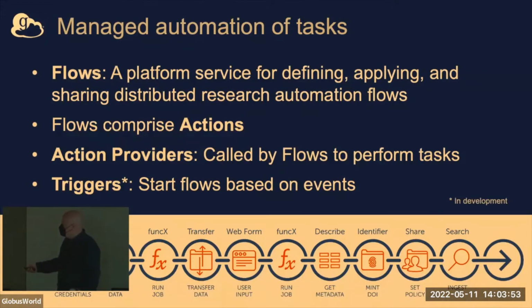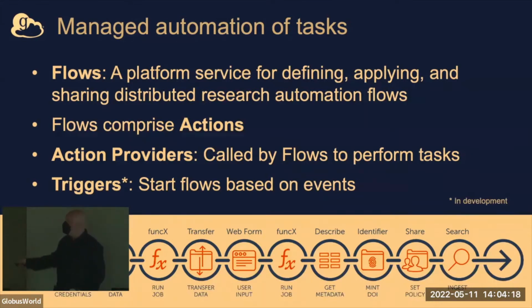And in future, we will get to a point where we have other means for triggering these flows. Rachana mentioned timers as a way to kick off a flow. So on some regular schedule, do some set of actions. But we want to generalize that to be able to key off things like file system events and what have you.